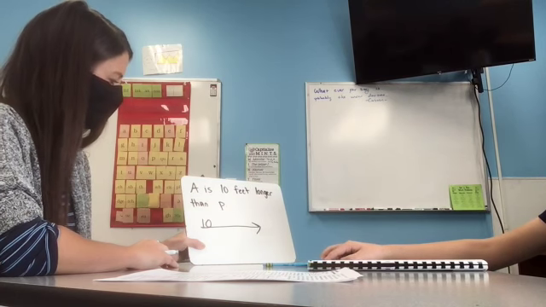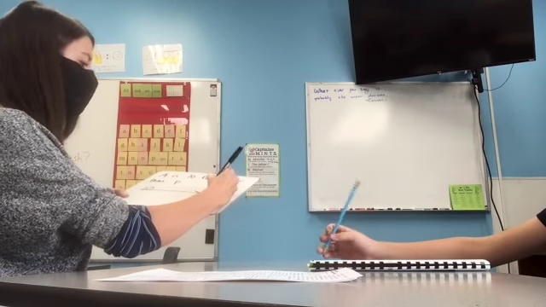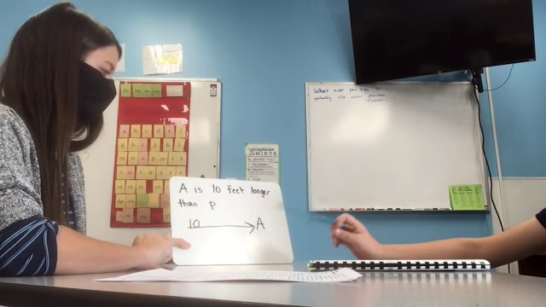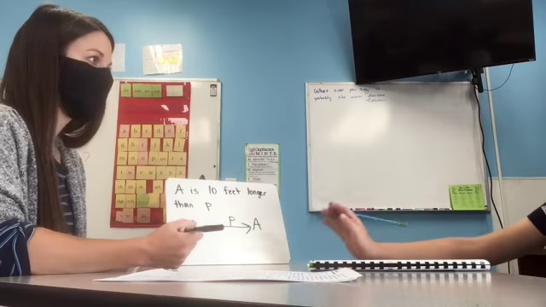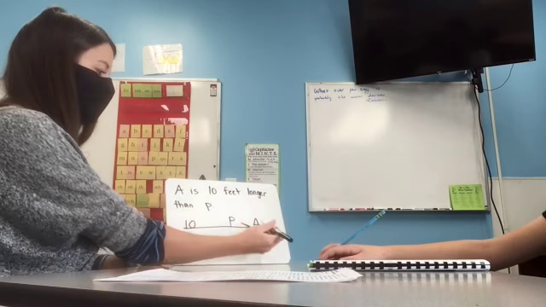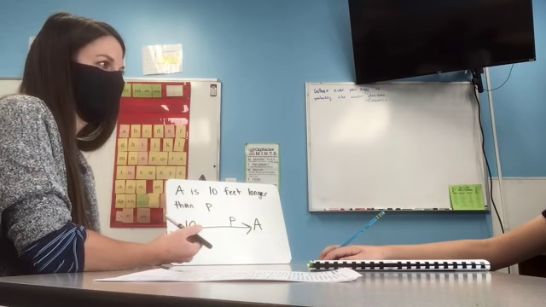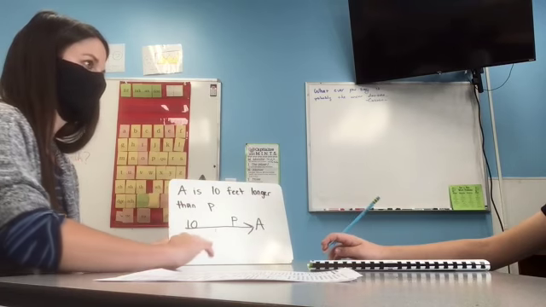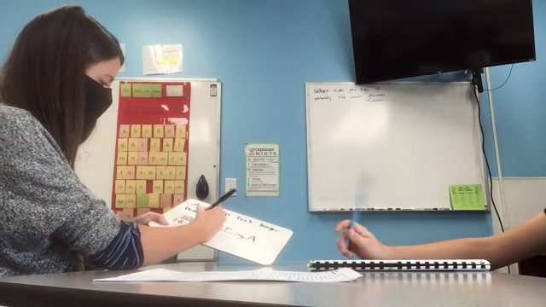A would be at the end because longer means higher. P would be lower than A because A is taller than P. So is A the big or small number in this problem? Big. And is 10 a big or small number? Small. What about P? Small. Great. So what's the first addition fact? It would be 10 plus P equals A.